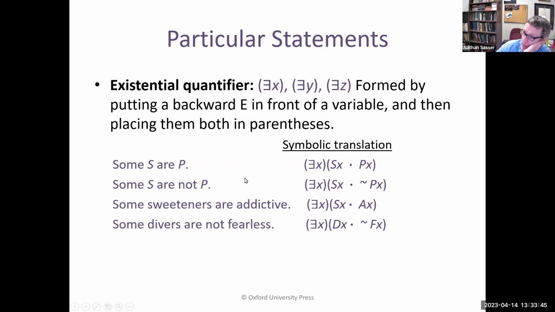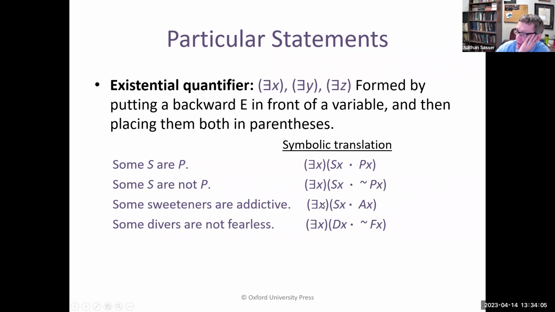So if we want to say some S are P, we'd say for some X, X is S and X is P. If we want to say some S are not P, then we'd say there's some X such that X is S and X is not P.